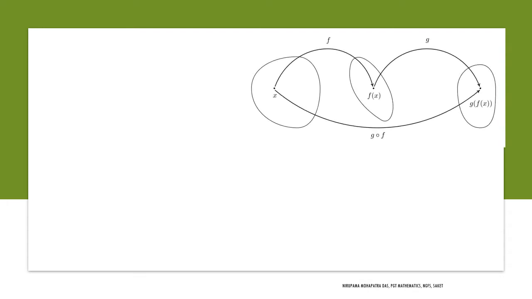Okay, now coming to the formal definition of composition of functions. See this figure.